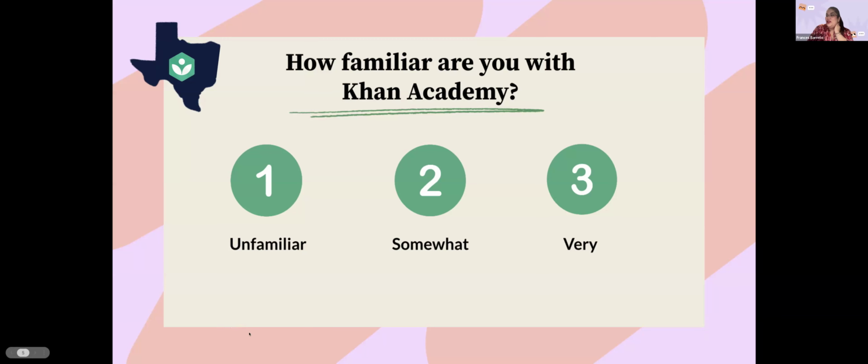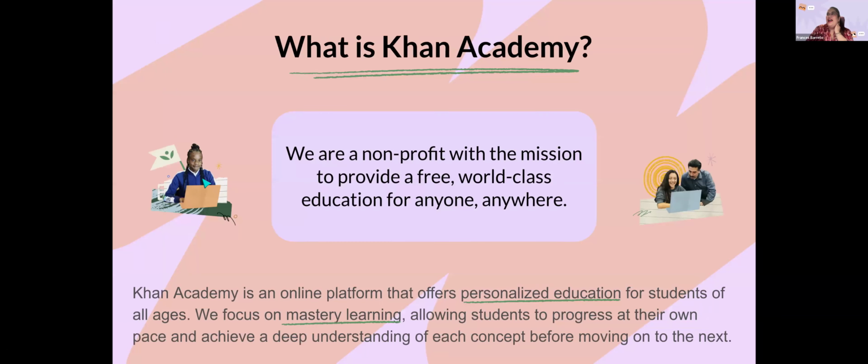And while you're doing that, I'm going to go ahead and talk to you a little bit about what Khan Academy is. We are a nonprofit organization. Our mission is to provide free world-class education to anyone, anywhere. We do this through our online platform. We offer personalized learning experiences for students.